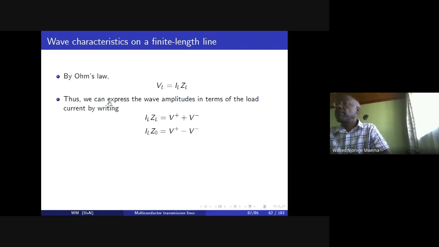Therefore, we can express the wave amplitudes in terms of the load current by writing that IL multiplied by ZL, which is VL, is equal to V plus plus V minus, and IL multiplied by Z0 is equal to V plus minus V minus. Now we can add these two expressions to get an expression for V plus, and subtract the two expressions to get a value for V minus.